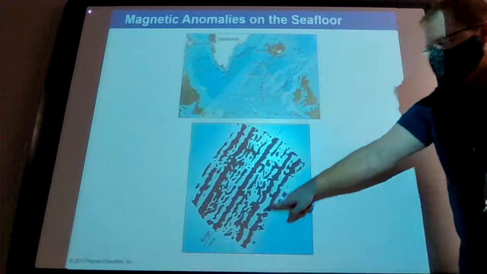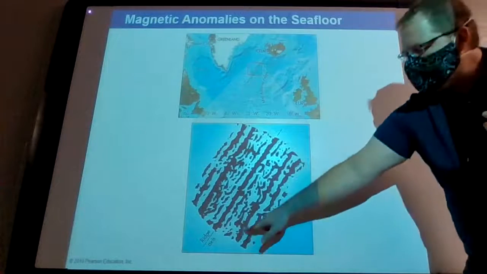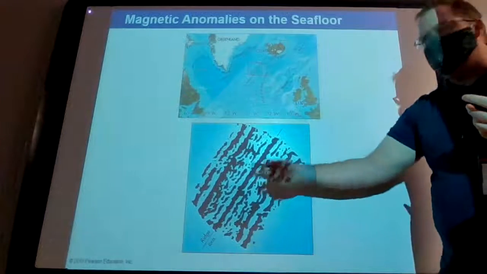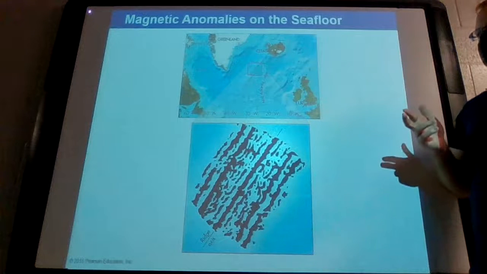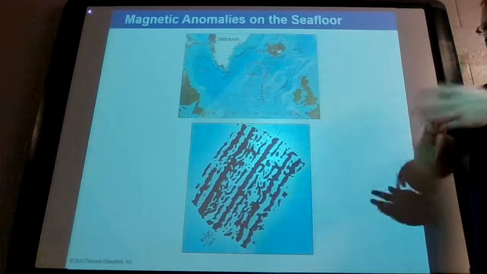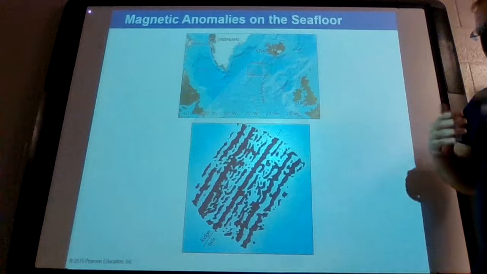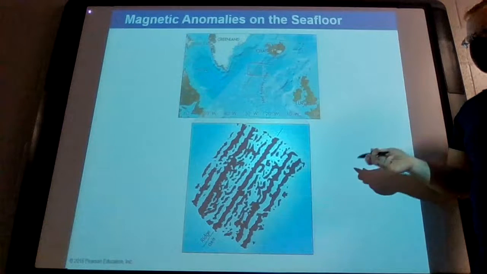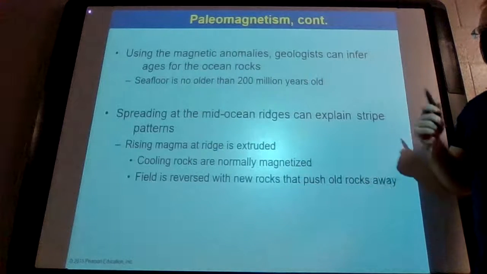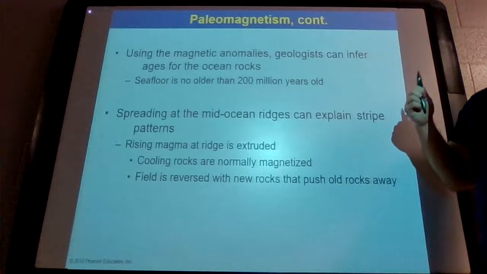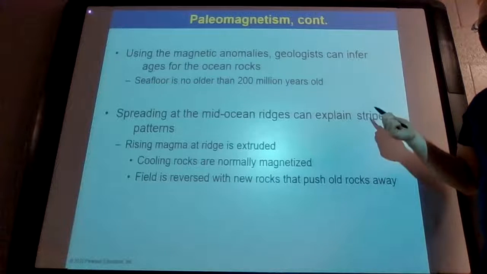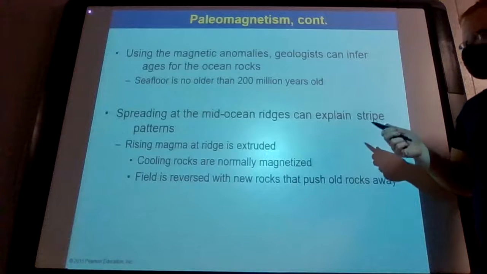You get a stripe of black, a stripe of white, a stripe of black, going back and forth, showing that the magnetic poles for the rocks are reversed. They're pointing in the opposite direction. It took them some time to figure out that every so often those magnetic poles flip. Once we knew that, it helps us understand more about the rocks and how plate tectonics works.